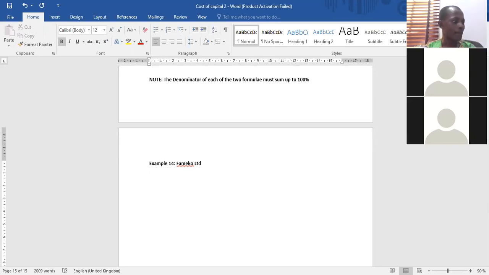Required: one, compute the equity beta of Exfed. Two, derive an appropriate equity beta for Fameco US subsidiary. And three, using the capital asset pricing model or the Modigliani and Miller proposition 2 with tax, compute an appropriate cost of equity for Fameco US subsidiary. These are the requirements of the question.